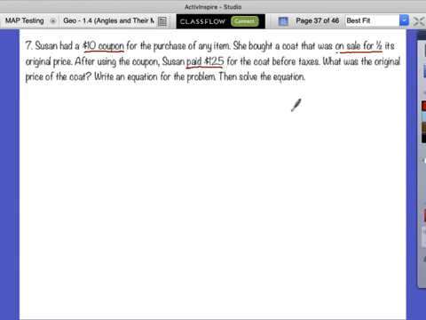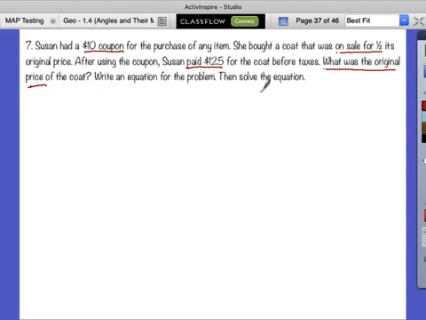So what are we trying to do in this problem? Figure out the original price. That's our question, and it even tells us we're going to write an equation.